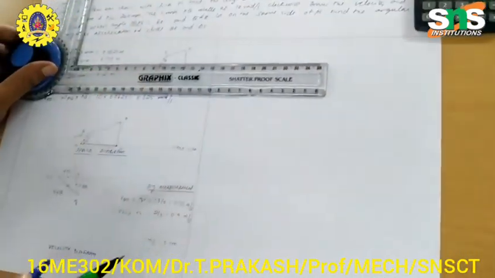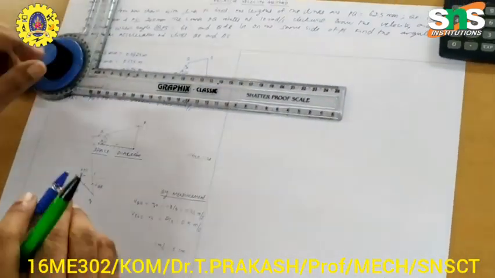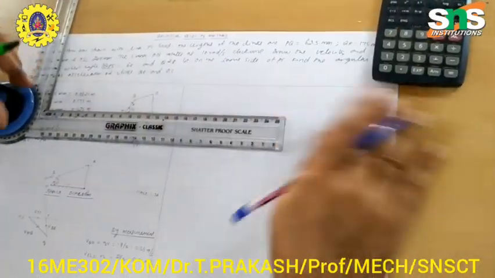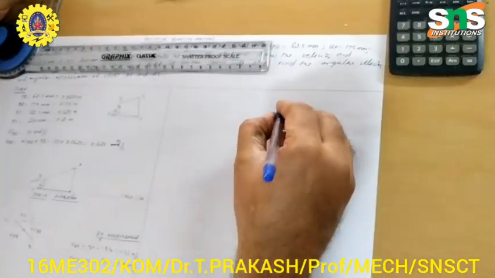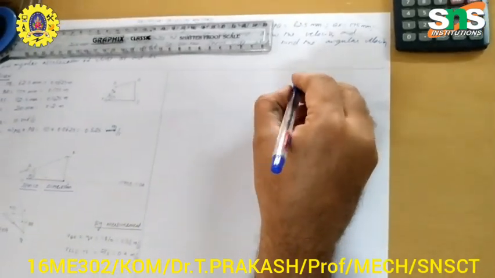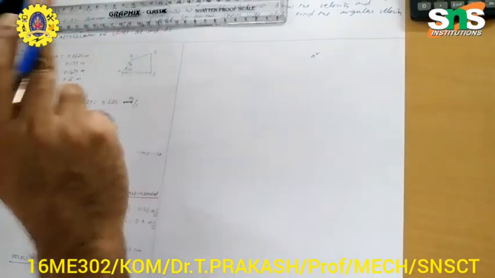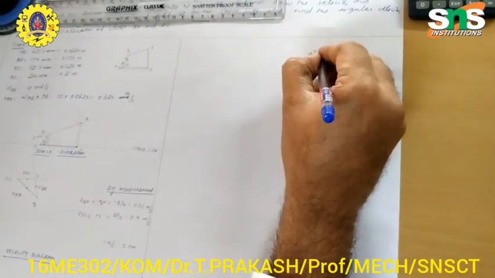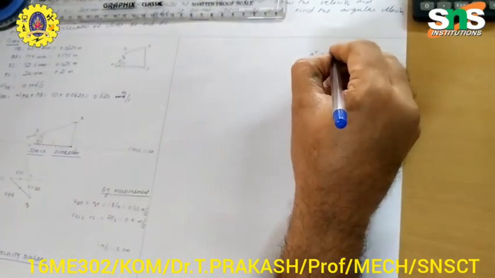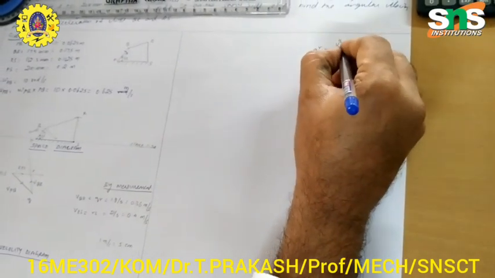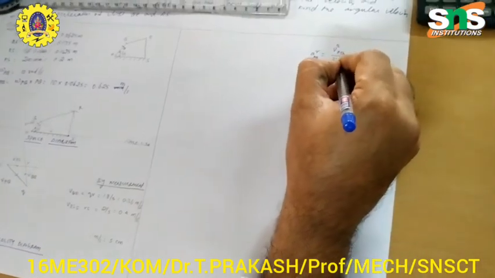Next, you have to go for marking our acceleration diagram. For that, we have to find the radial component of acceleration. First you take the crank, PQ is our crank. The crank has only one component, only the radial component. The radial component acceleration formula is V square PQ divided by the distance PQ.